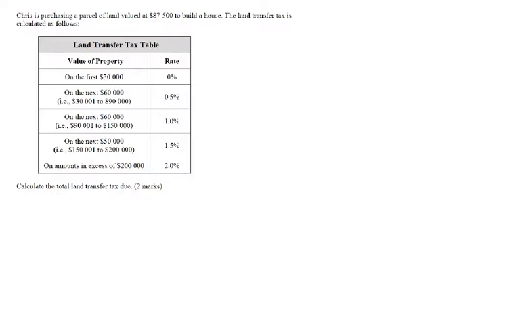So let's see one more example with the land transfer tax. So here the price of the land that Chris is purchasing is $87,500. So let's see in which bracket that would be. Well, the first 30,000 is going to be 0. So from 0 to 30,000 that we have here, the tax is 0.